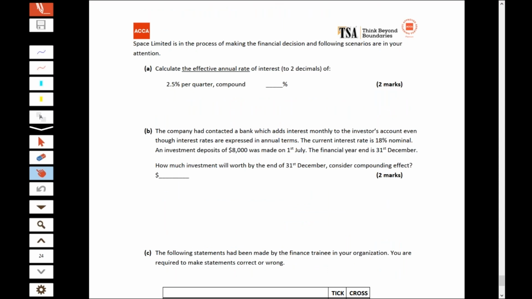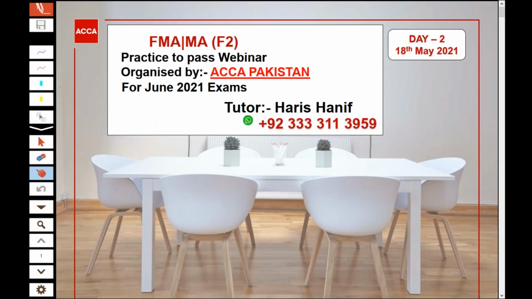So it may be possible that you receive a case-based OTQ from this specific chapter, or a single case-based OTQ worth 10 marks which covers a mixture of budgeting and project appraisal.